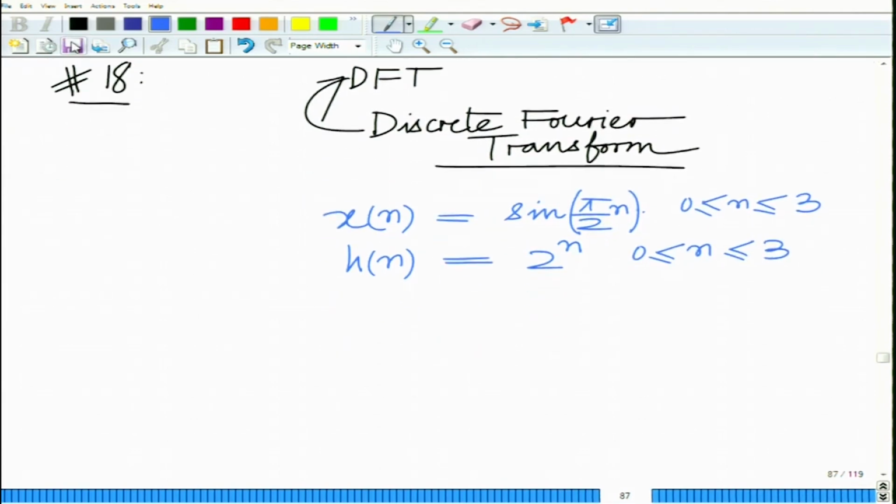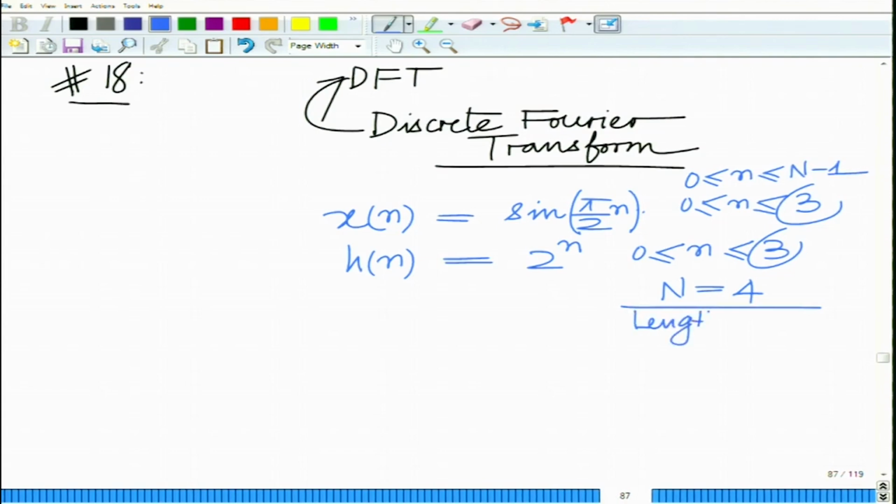Clearly you can see that for these finite length sequences, capital N is equal to 4. So, we have 0 less than or equal to n less than or equal to N minus 1, where capital N, the length of these sequences, is 4.